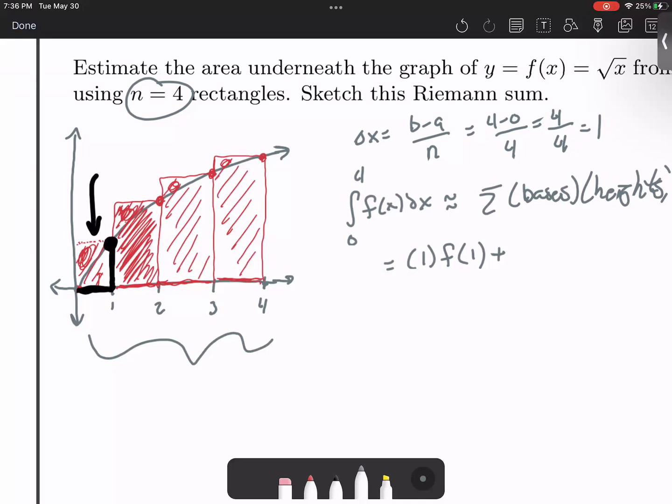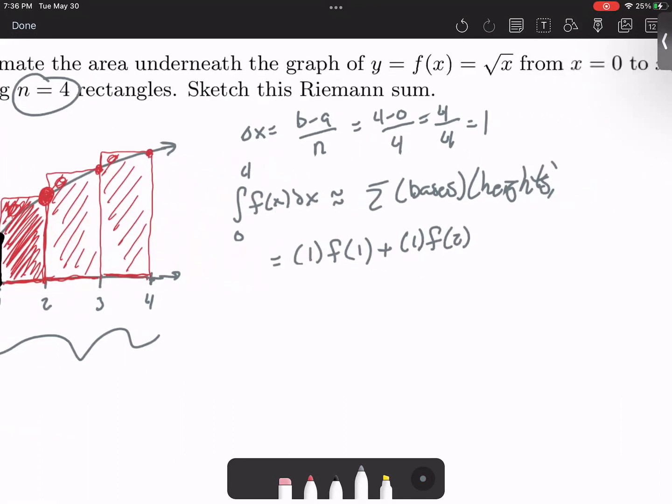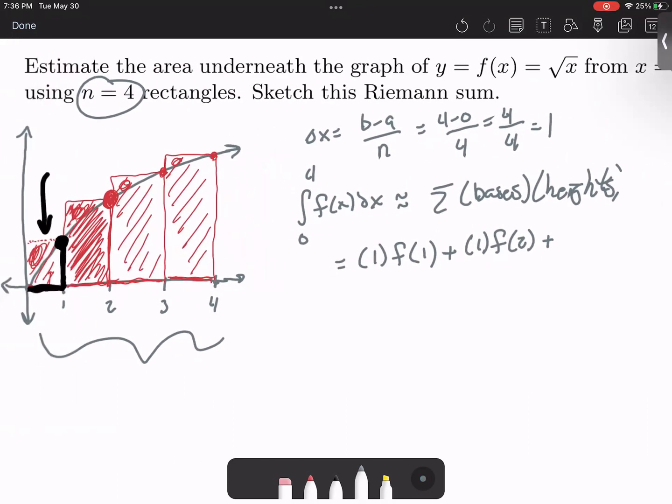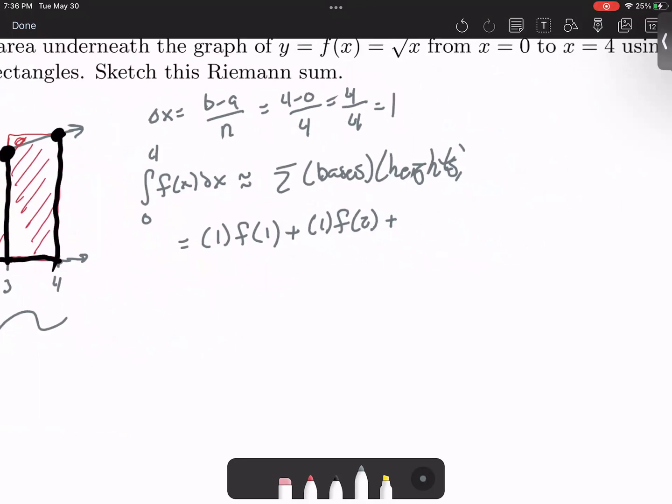The area of that rectangle has a base of 1, and the height of that rectangle is the function value at 2. My third rectangle has a base of 1 and a height of f of 3. My fourth rectangle has a base of 1 and a height of f of 4.